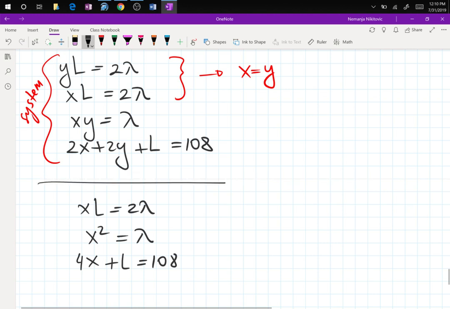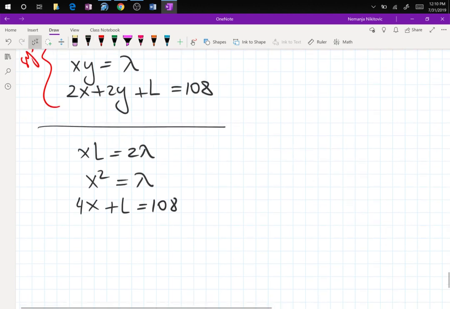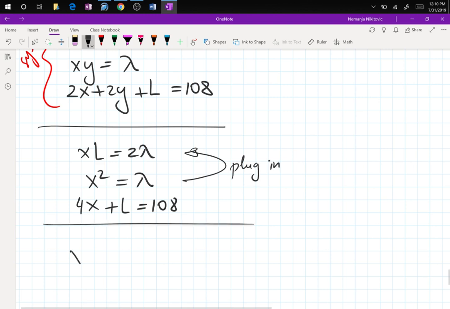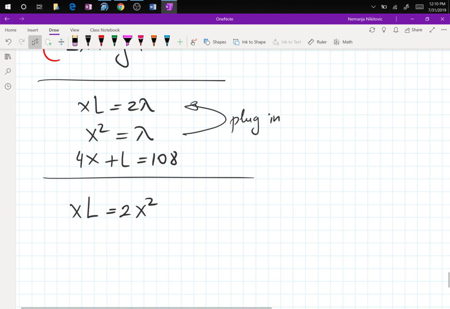So when I plug in x equals y in each one of the equations, I get a new system here. So now we have lambda is x squared, plug that in. We have xL is equal to 2 times x squared. And we still have 4x plus L is 108.